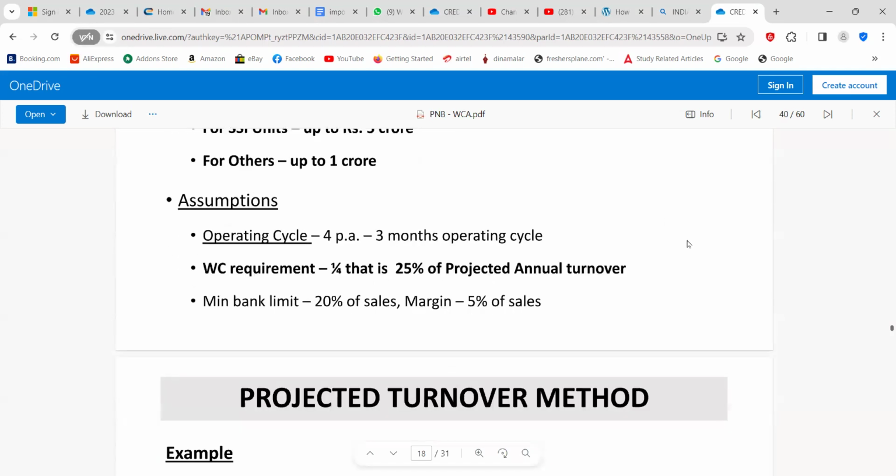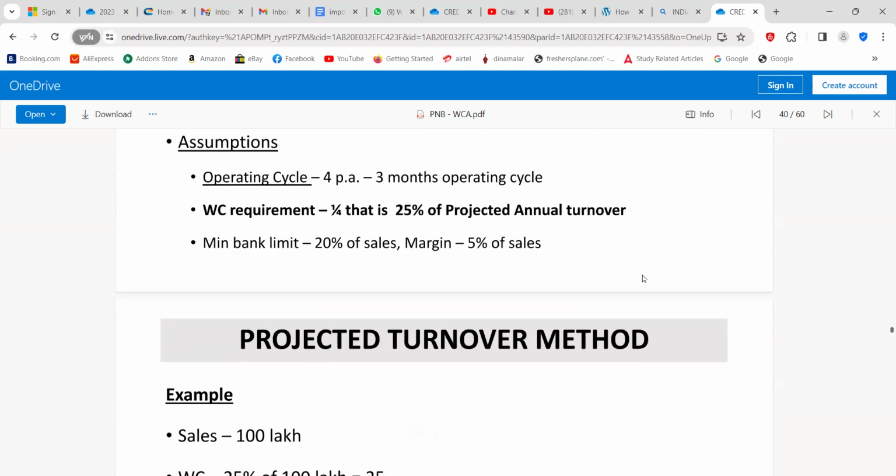Continue. Working capital requirement is 1 by 4th, that is 25% of projected annual turnover. And the minimum bank limit is 20% of sales. Margin will be 5% of sales.